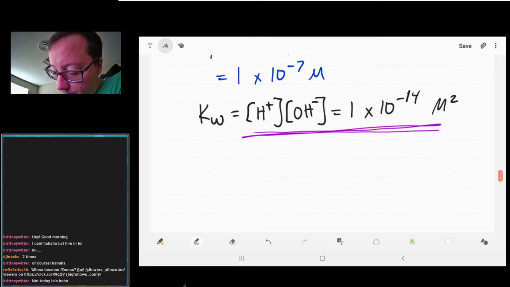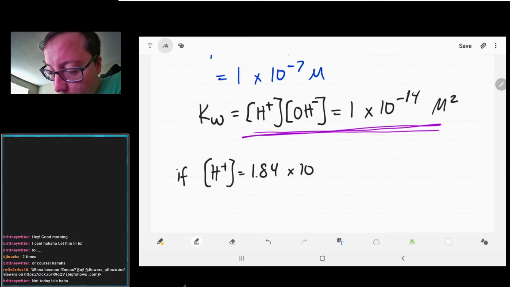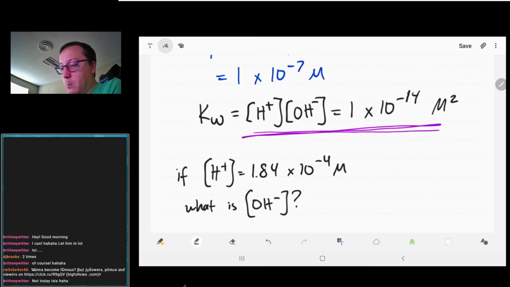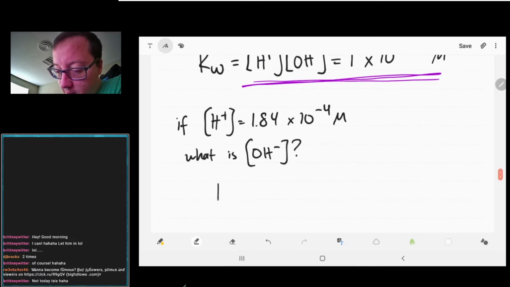So we saw that the H plus was, what was it, 1.84 times 10 to the negative 4 or something earlier we did? And so if we wanted to figure this out, we would just have to think back and say, okay, H plus times OH minus.